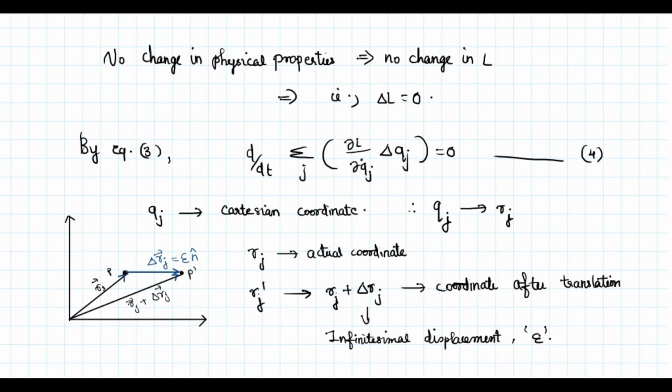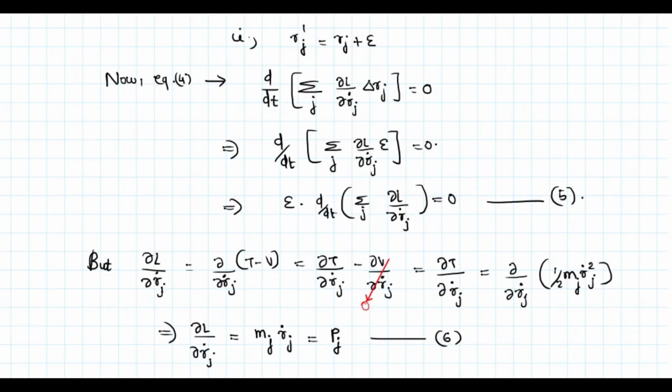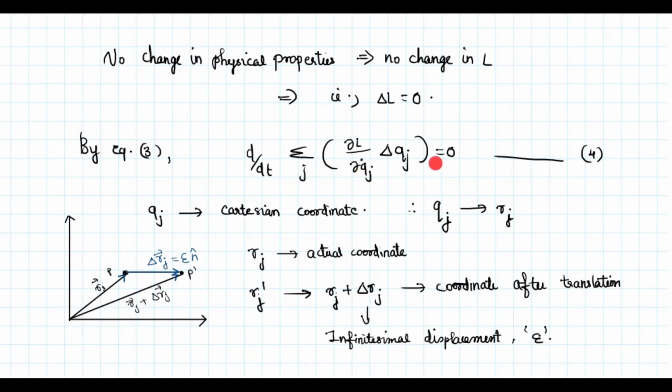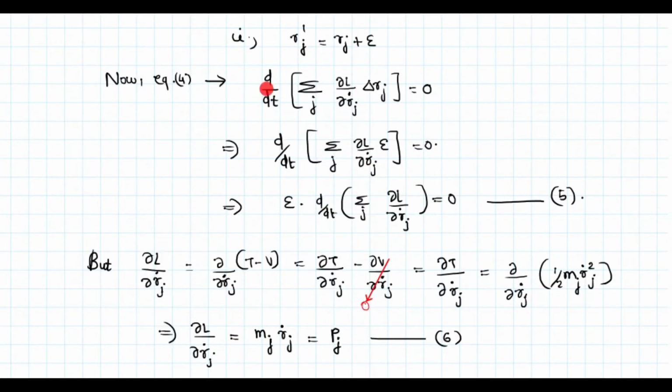So that means Rj prime, the position vector of the jth particle after translation, will be Rj plus epsilon. Now I am going to write equation 4 as d by dt of summation over j dou L by dou rj dot into delta rj equal to 0. Now what is this delta rj?